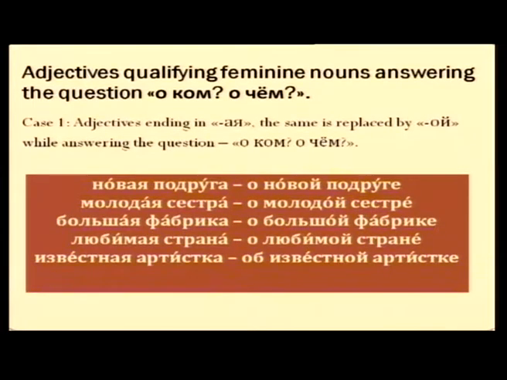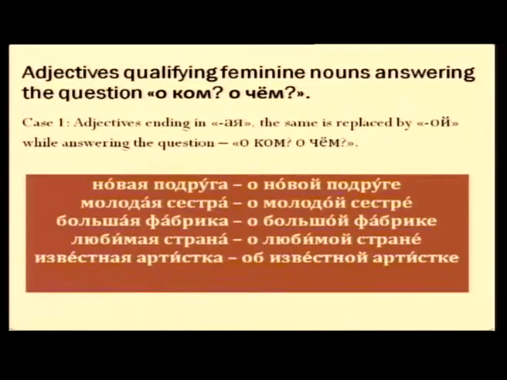Then we have certain examples of inanimate. These nouns are like фабрика, страна, and we have used adjectives: большая фабрика will change into о большой фабрике. Любимая страна changes into о любимой стране. But if we pay attention to the last example, известная артистка, we have used об известной артистке.